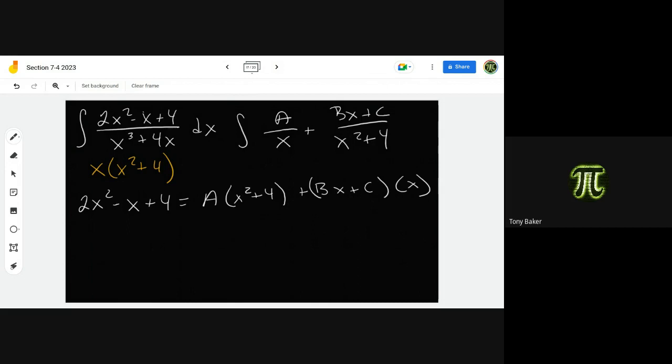So I'm not going to go through the whole system of equations. This one we actually don't necessarily have to because of the way it's set up. Let's FOIL this all out. Let's actually clean this up and see what I have, and maybe we can match things up to make my life a little bit easier. So this is going to be ax squared plus 4a plus bx squared plus cx.